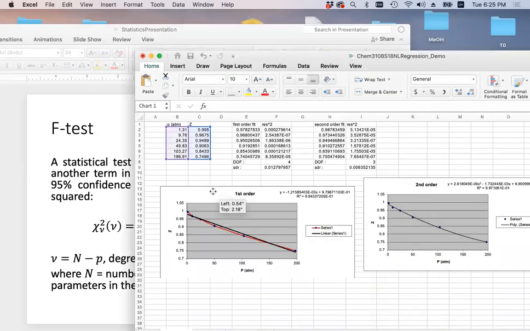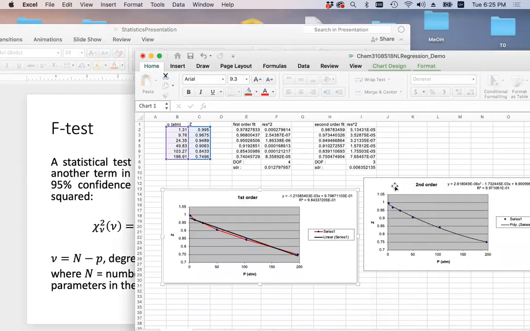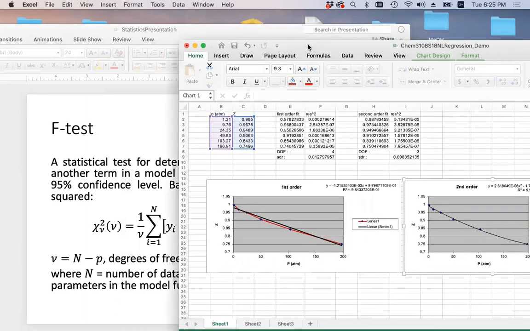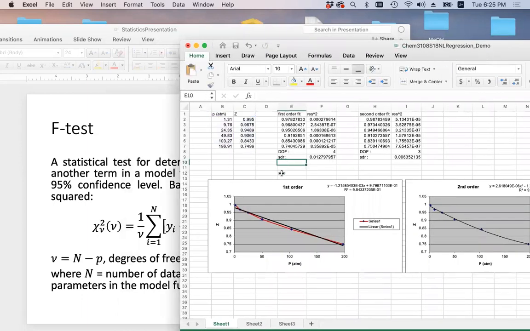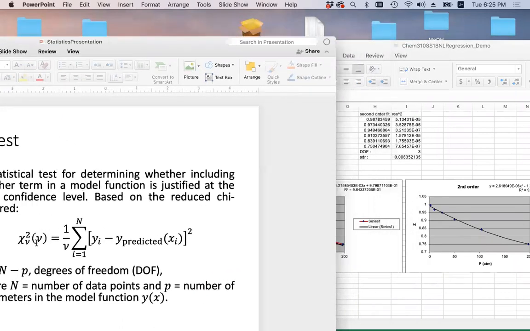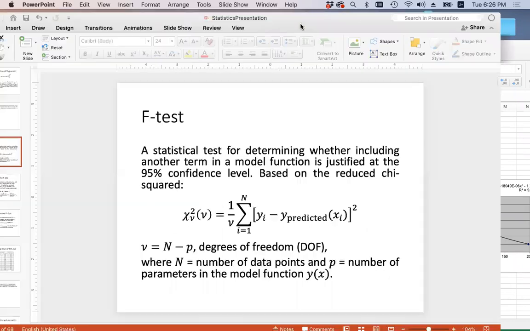Okay, so to apply the F-test, first we want to calculate the reduced chi-squared for each of these models. So I'm going to type reduced chi-squared here. And notice from this equation, actually the reduced chi-squared is just the square of the standard deviation of the residuals, right?